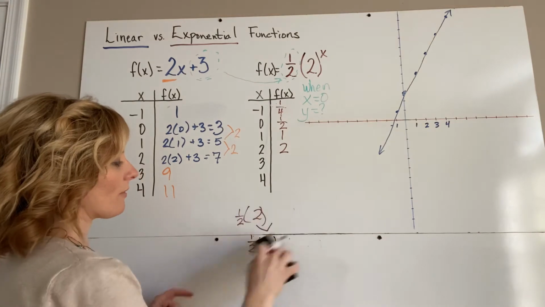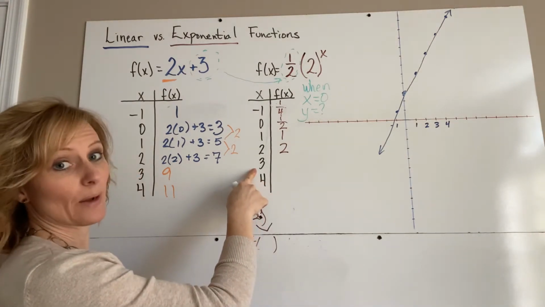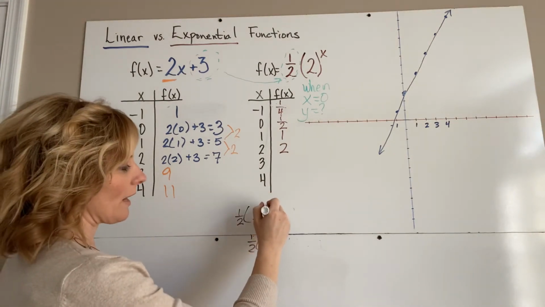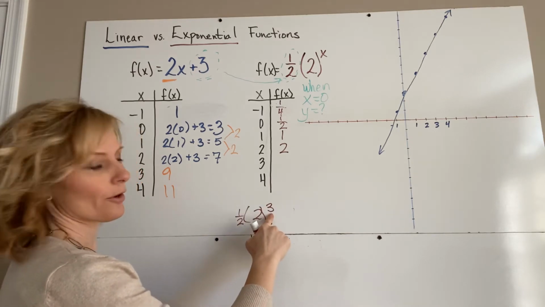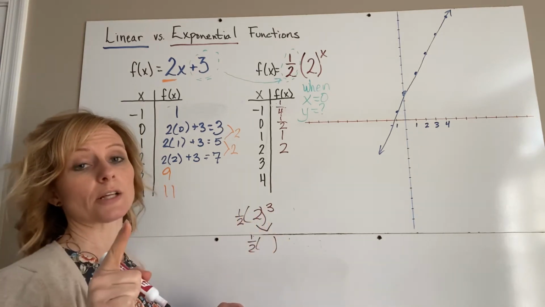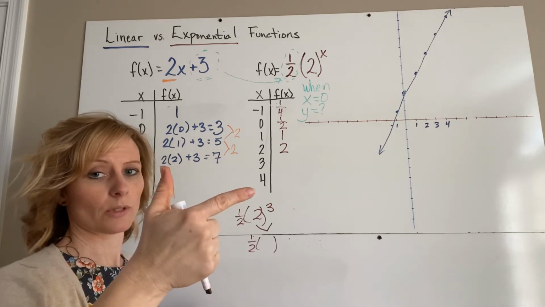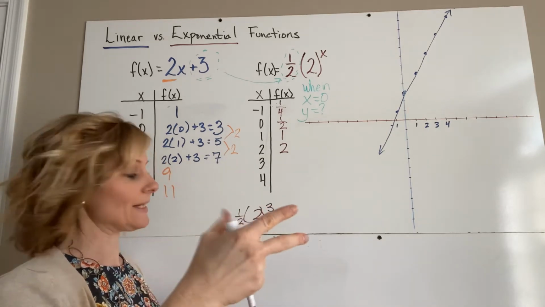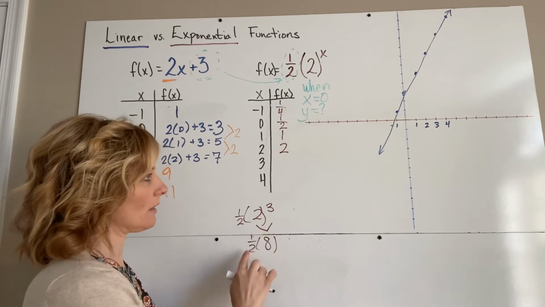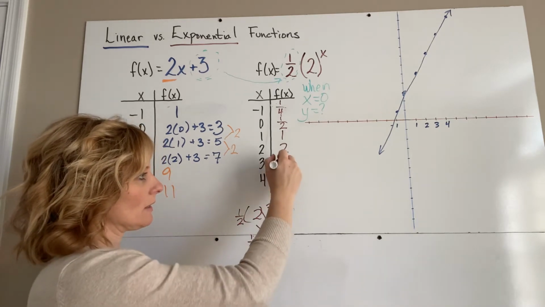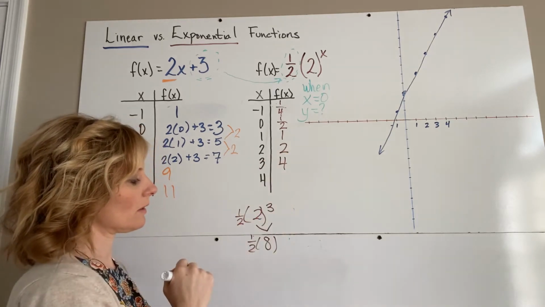We're going to have a new exponent. X is now 3, so we're going to have 2 to the third. Okay, 2 to the third is not 2 times 3. It's not 6. We have 2 times 2 is 4, times 2 is 8. So right here we have 8. 1/2 of 8 is 4.